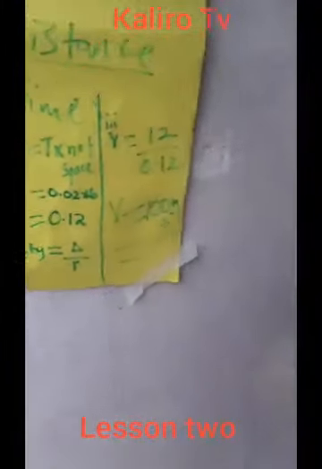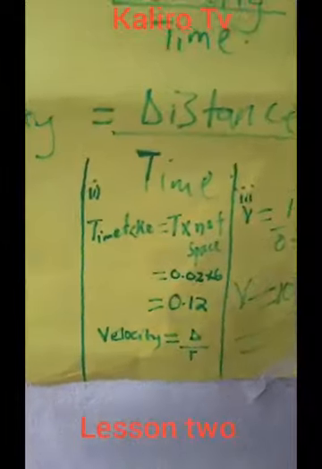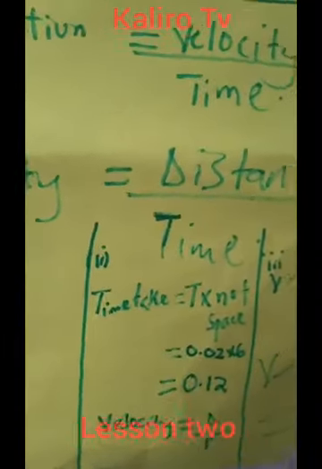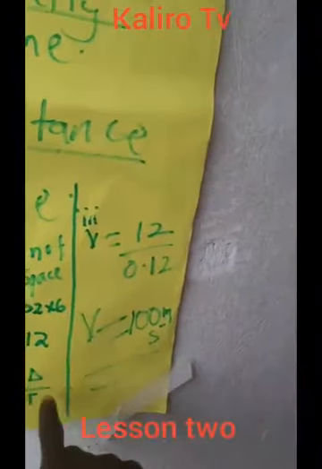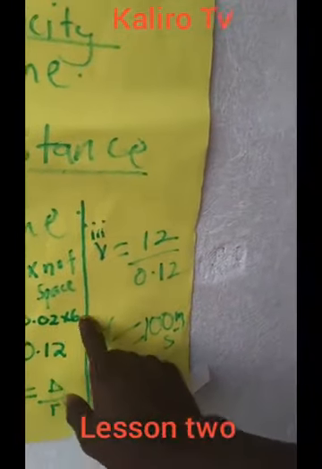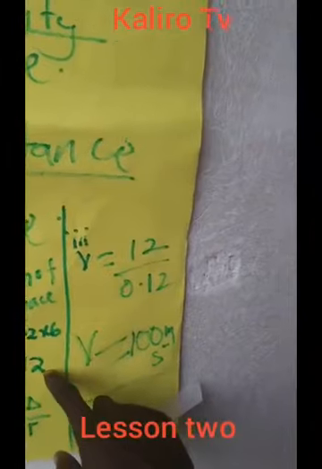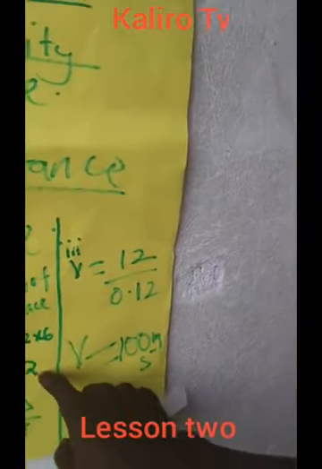Time taken equals the period times the number of spaces between the reference dots. The period is 0.02, so the time taken is the period times the number of spaces. This is 0.02 times 6, and it becomes 0.12, that is the time taken in seconds.